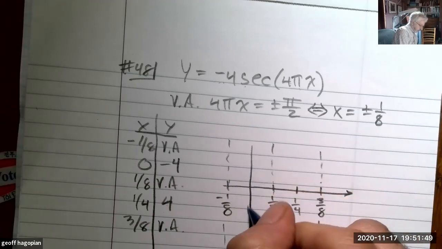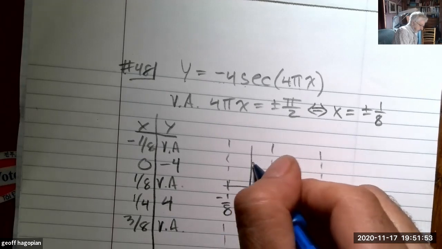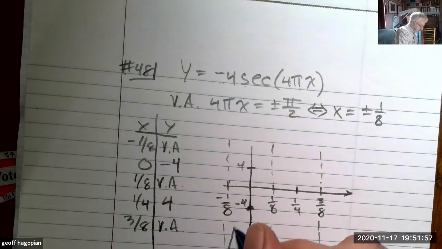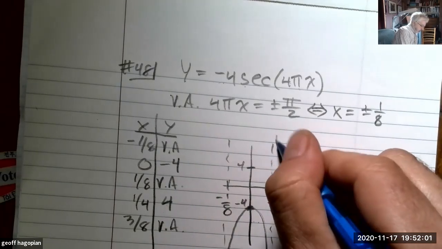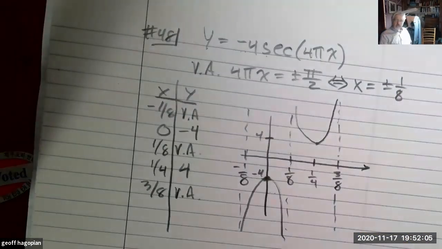And then let's say that this is negative 4, and so this is positive 4. So I've got a branch of the secant down here and a branch of the secant up here. Okay, that's number 48. Questions about that? Is that good? Are we going too fast?